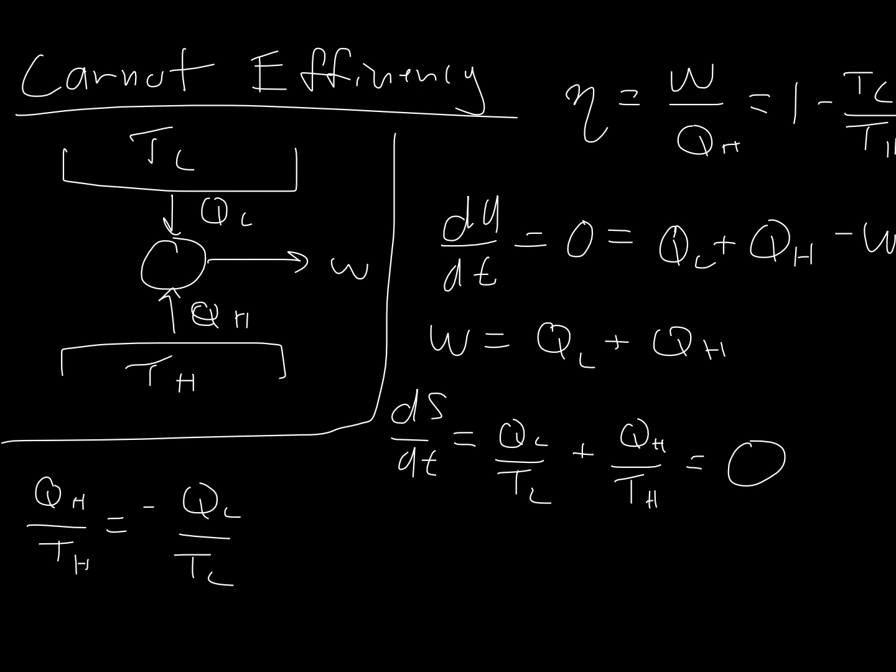So now, to derive the Carnot efficiency, it's just a matter of substituting the first law into the second law and then rearranging it to get the Carnot equation. So we have QC is equal to minus QH times TC over TH.